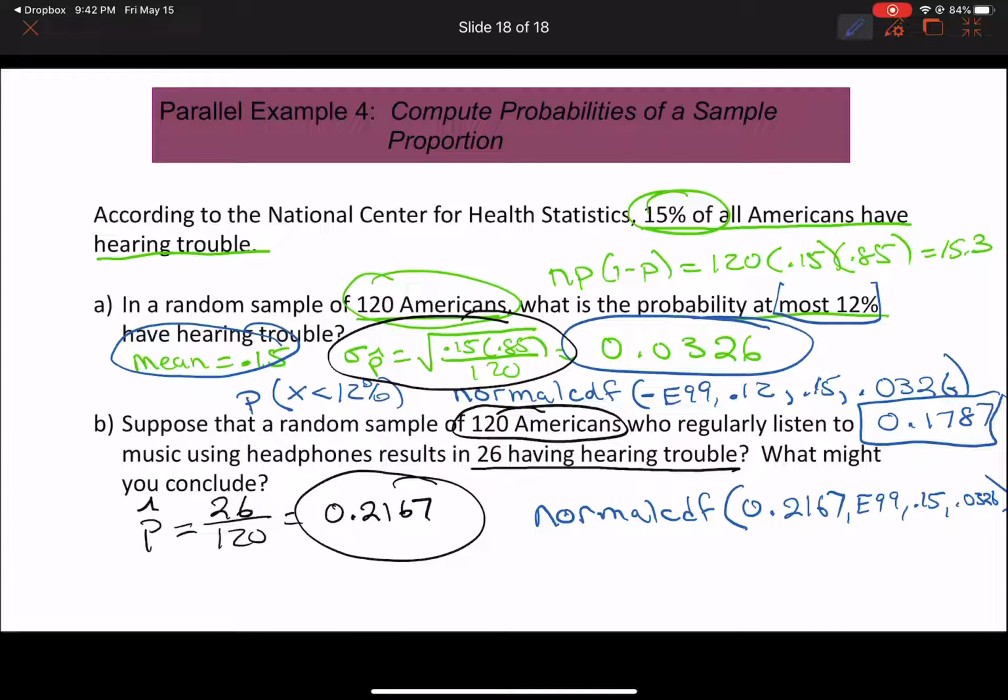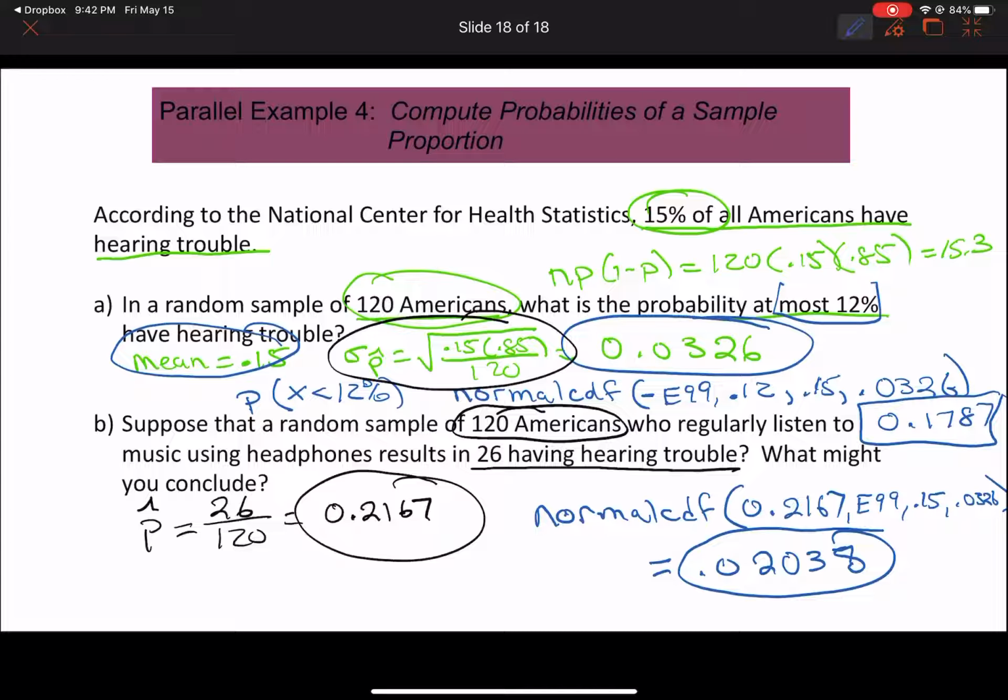Let's put that in the calculator. Comma 0.15, comma 0.0326. And I got approximately 0.02037. So what might I conclude?